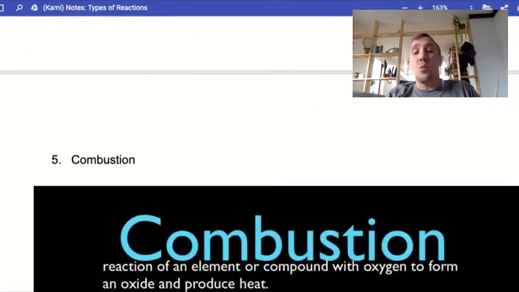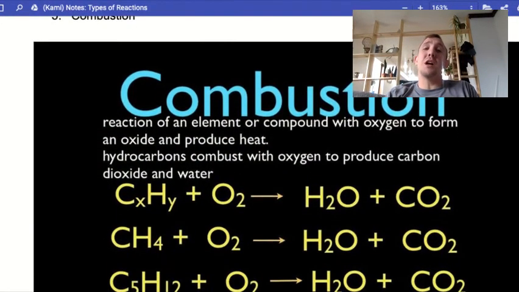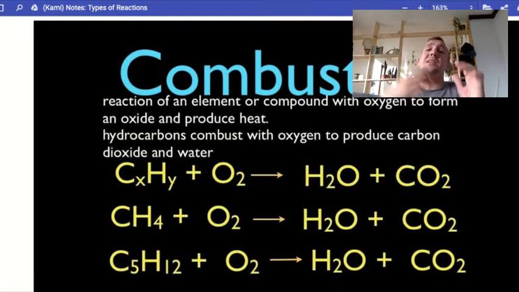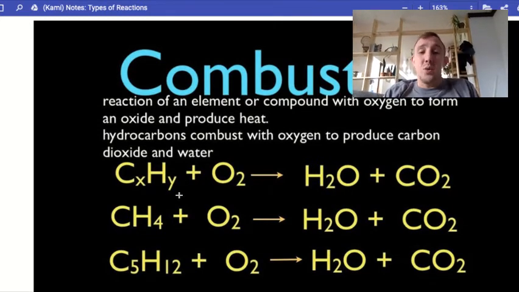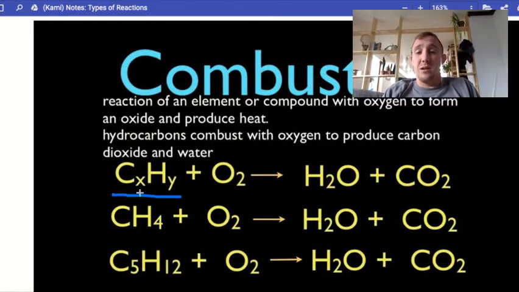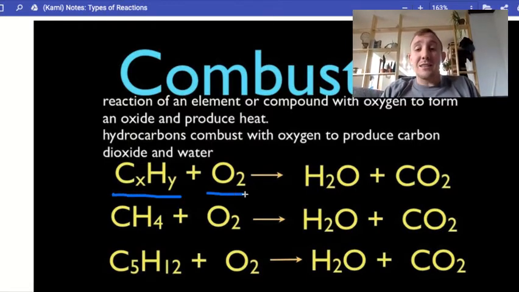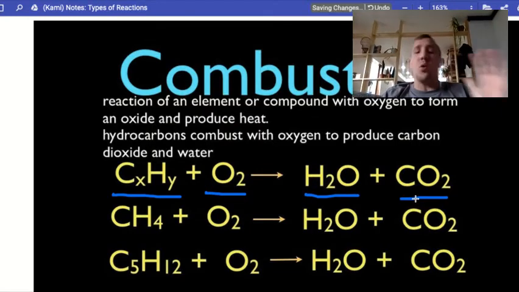Now, my last one is going to be a combustion reaction. This is the easiest. Okay, it is always, always, always going to be a hydrocarbon plus oxygen, and it's always going to produce water and CO2, and it doesn't matter what order it goes in.